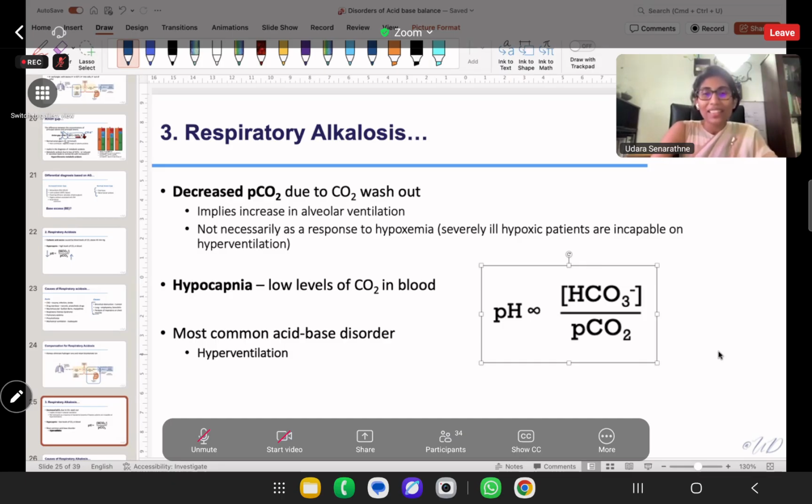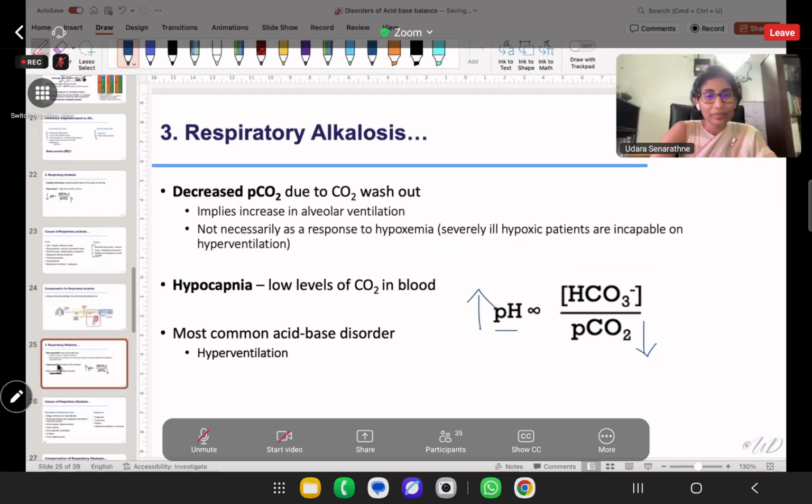You're going to excrete more carbon dioxide so that your system is now towards alkalosis, because you are expelling more acids. So your carbon dioxide level is going to go down and your pH will go up. So that means this is alkalosis, okay?